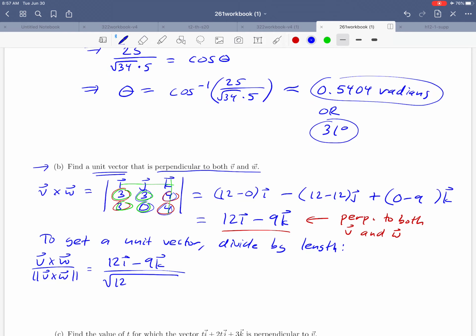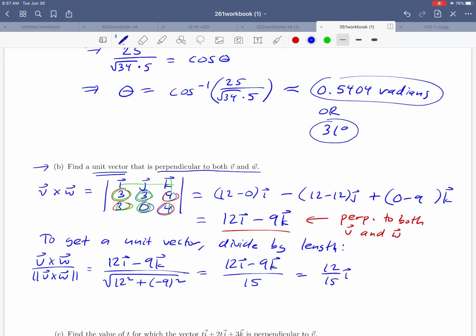Okay, so that's going to be the square root of the sum of the squares of the components, the square root of 12 squared plus negative 9 squared. Okay, so let's see. You can double check my calculations and confirm that if you take the square root of 12 squared plus negative 9 squared, you're going to wind up with 15.